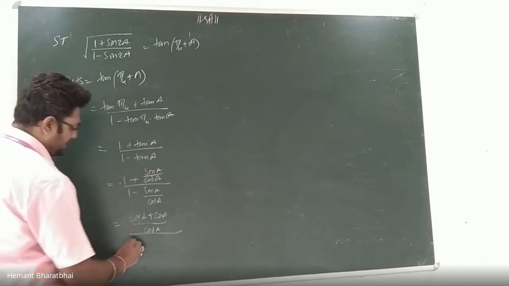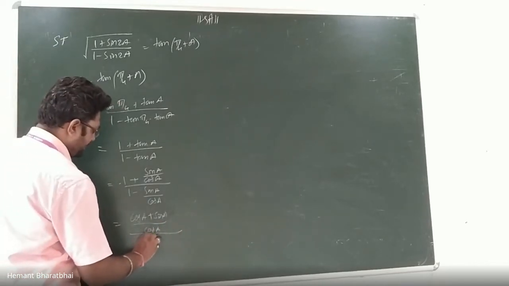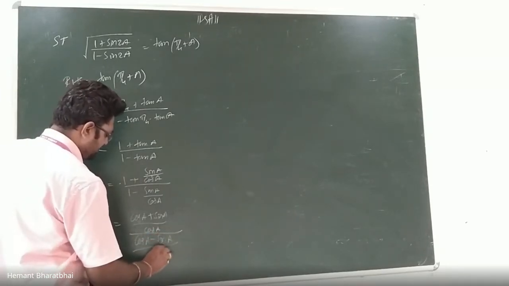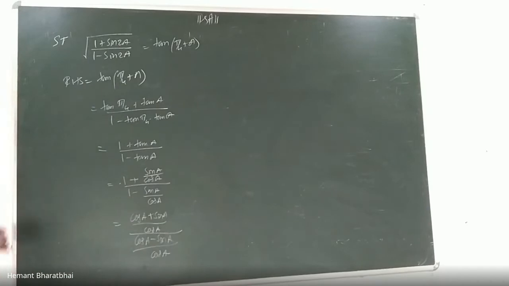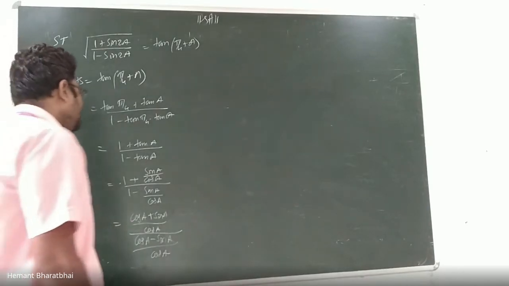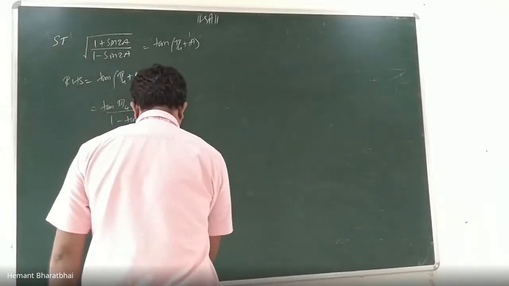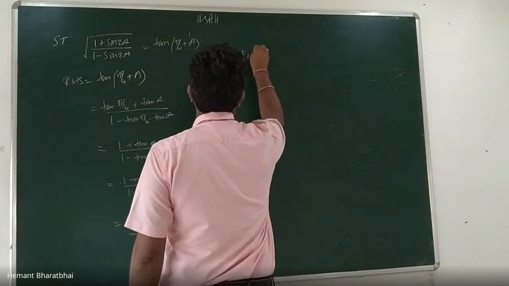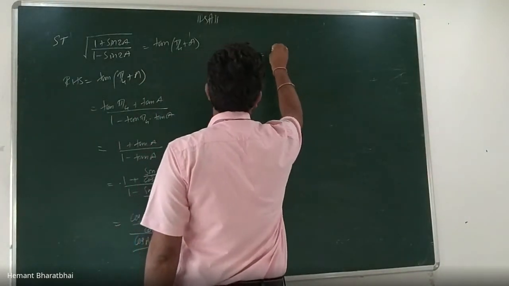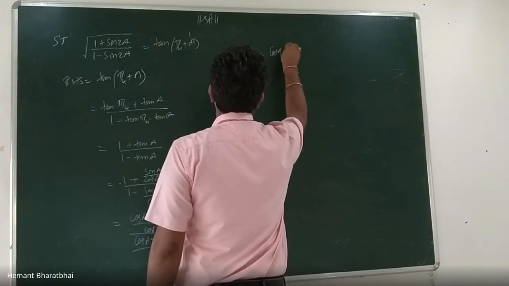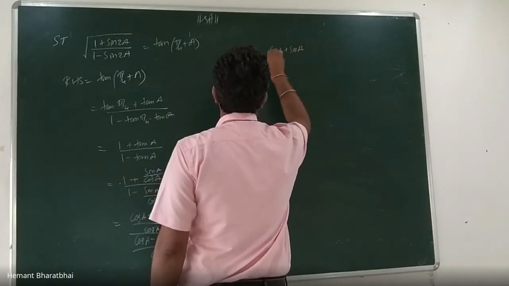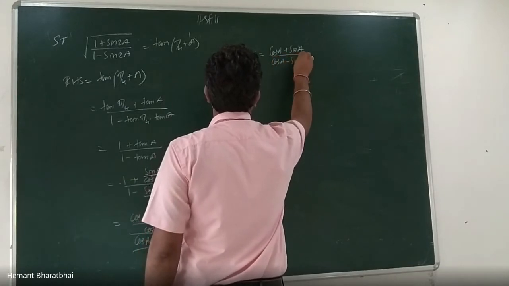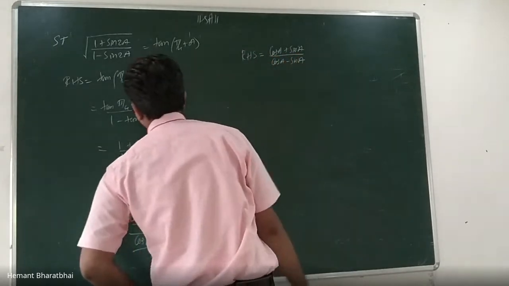Similarly below also I'll get cos a minus sine a, the whole upon cos a. So this cos a and this cos a will get cancelled. Therefore I'll get RHS is equal to cos a plus sine a upon cos a minus sine a.